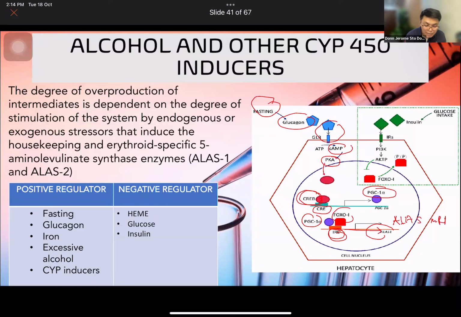Yes. You'll have transcription of ALAS mRNA. So in that sense, fasting stimulates ALAS synthesis by virtue of synthesizing CREB that is needed for the synthesis of your transcription factor, PGC1 alpha.